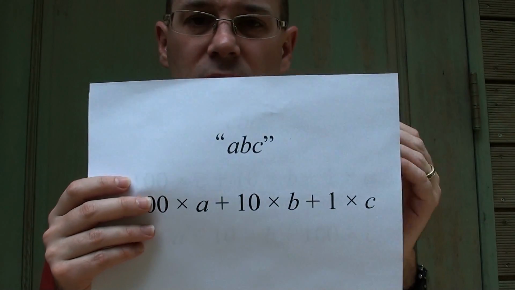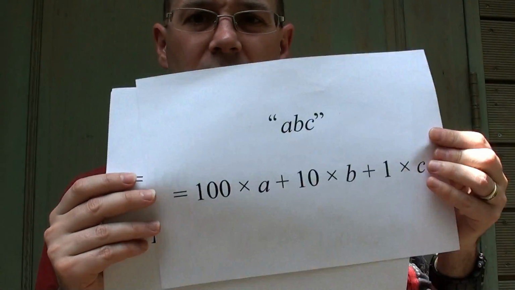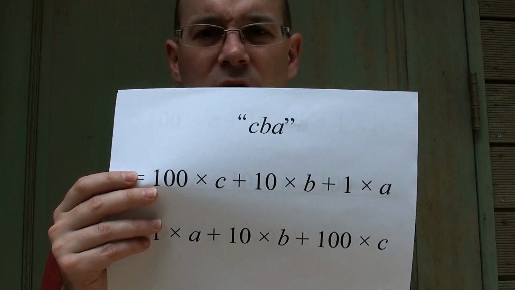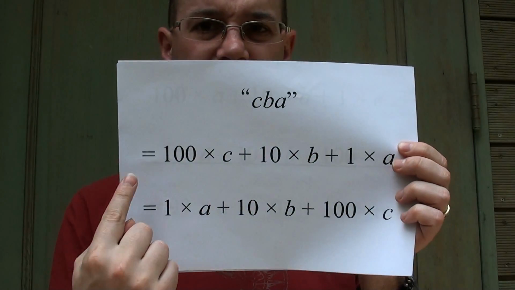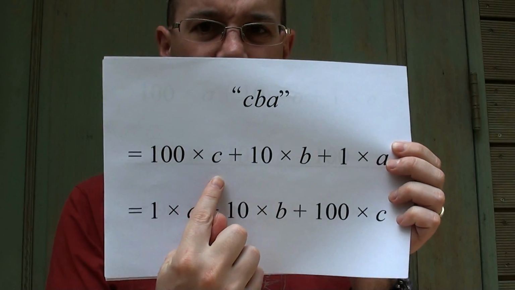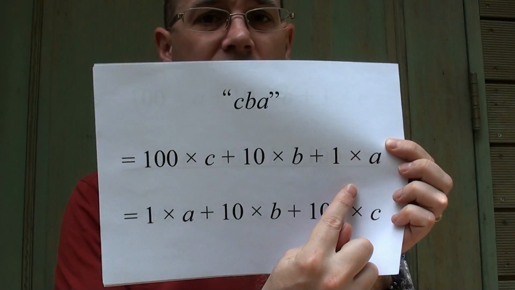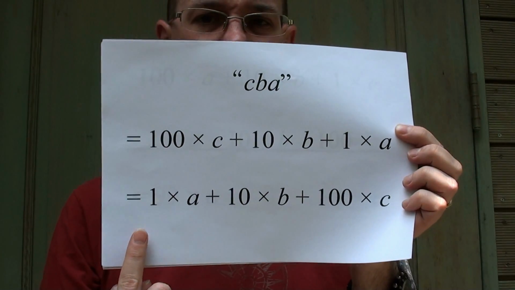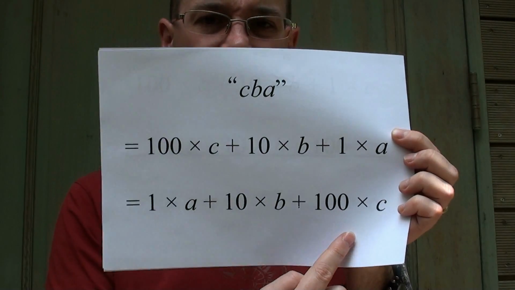For this proof, let's assume that A is bigger than C. Then we reverse everything. What do we get? We get CBA, which means 100 times C plus 10 times B plus 1 times A. And you can write it the other way, 1 times A plus 10 times B plus 100 times C.